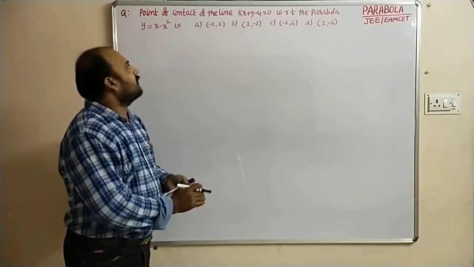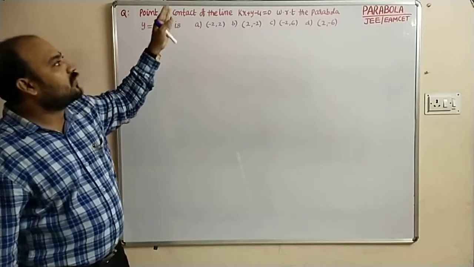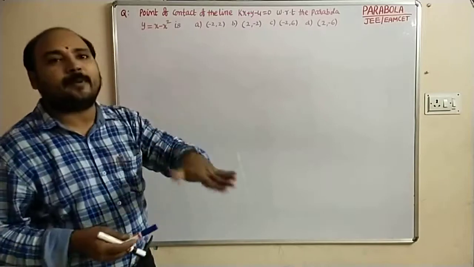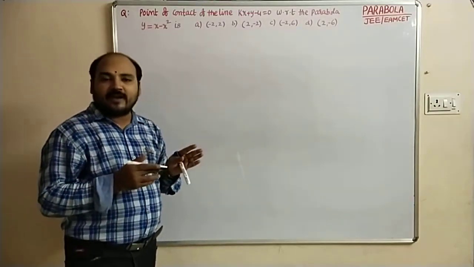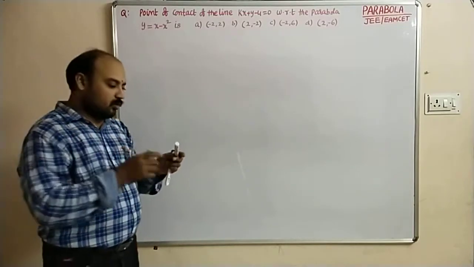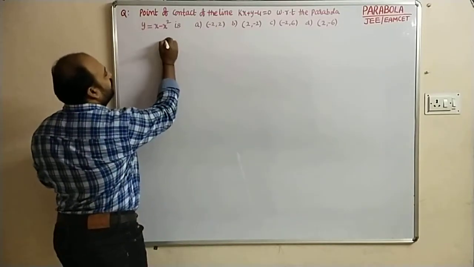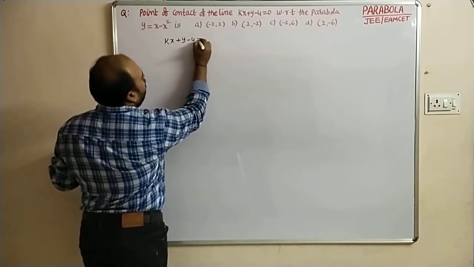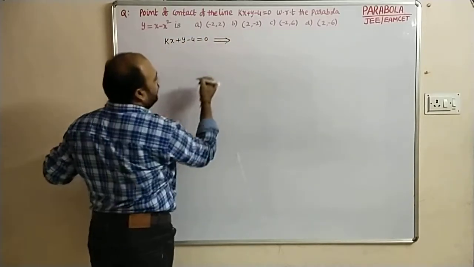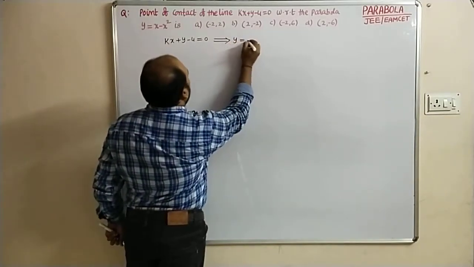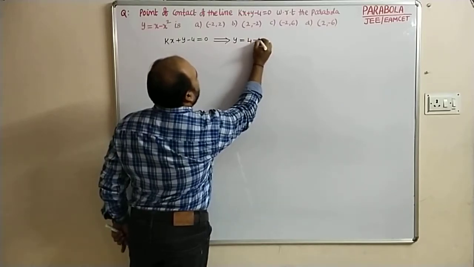But before that, whenever it is the point of contact of the line with the parabola, that means the line is touching the parabola, so the discriminant of the quadratic equation will be 0. So from the given line kx plus y minus 4 equal to 0, we get y equal to 4 minus kx.